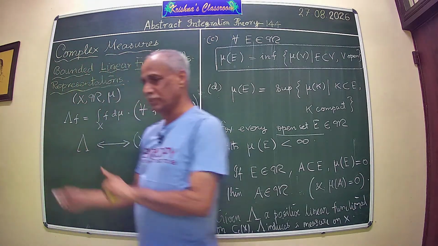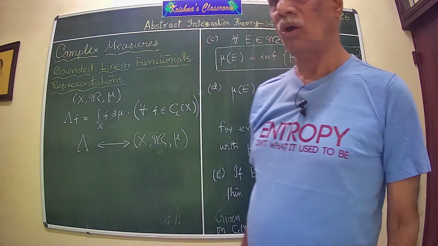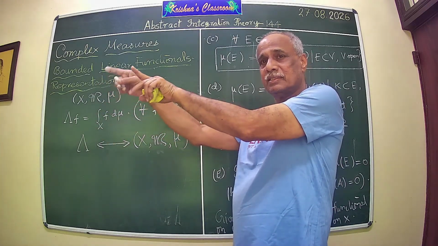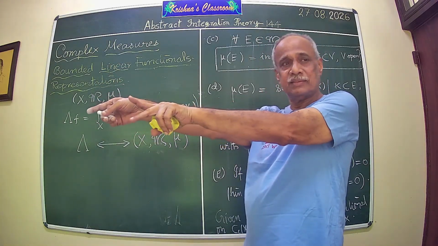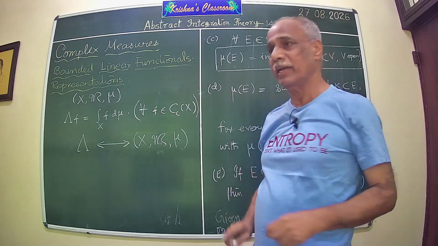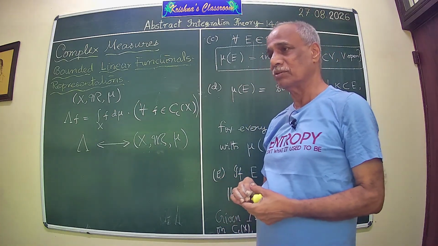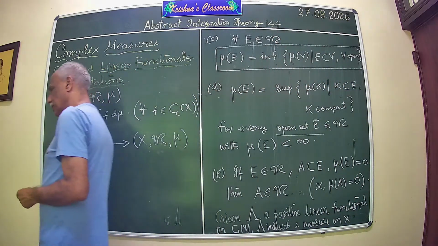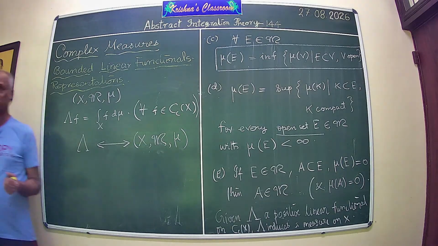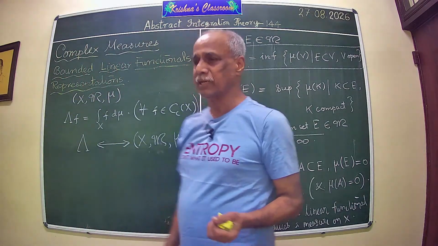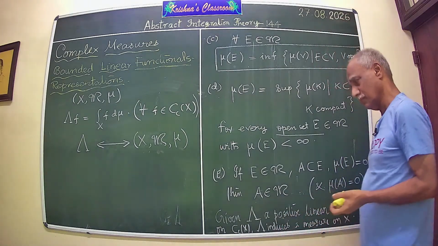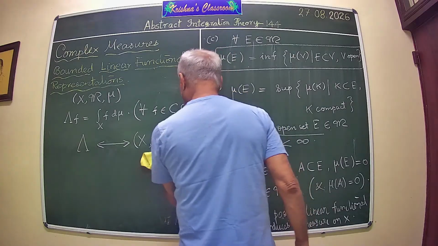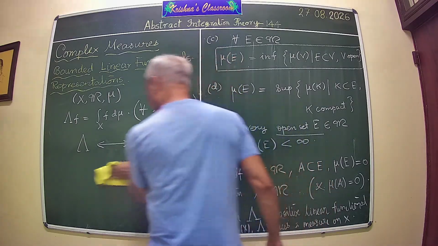So this is the connection. Okay, so every positive linear functional determines a measure, and if you have a measure with certain properties, then it is going to induce a positive linear functional. So either way, this is true. Okay, so this is the identification, and this measure is unique. Therefore, this is a unique representation theorem, which is the well-known Riesz representation theorem for all positive linear functionals. Now, this we have proved.